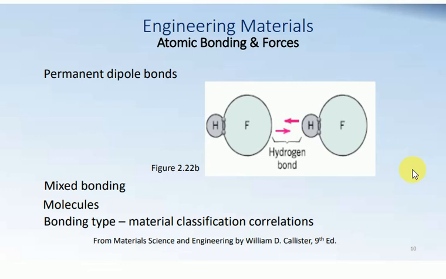I mean, does ionic bonding result in ceramics, polymers, composites, or metals, and how does covalent bonding usually result, whether it is in ceramics, composites, or metals. Please read the reading material provided for week 4, and you will get an idea of what different bonding types could exist for different classifications of materials.